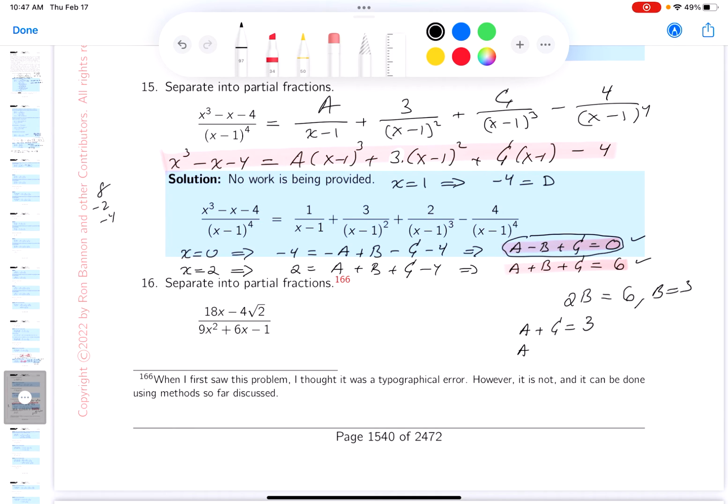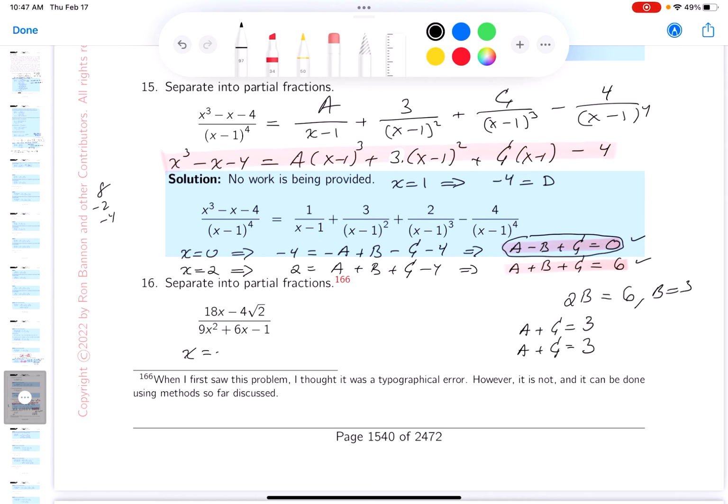A plus C is equal to 3 again. Well, that's not very helpful, by the way, because they're really the same equation. They both say A plus C is equal to 3. So I've got to get another one, and I've got to choose another number now. What number am I going to choose? I don't know. I chose 1, I chose 0, I chose 2.